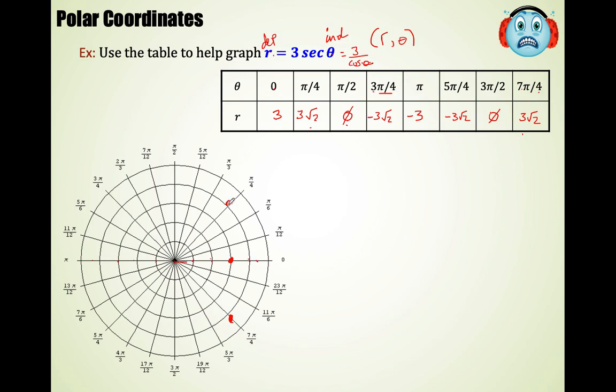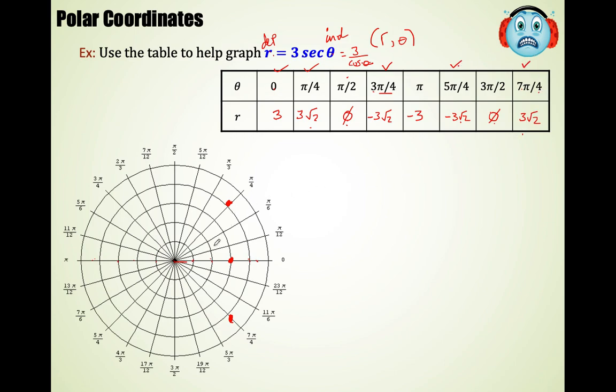Then I don't graph anything. Then I also go to negative 3 root 2, and then I go 5 pi over 4, which is here. Oh, that's this point. Right, so I graph this point, there's nothing to graph here, I graph this point, and I landed on top of a point I'd already graphed.